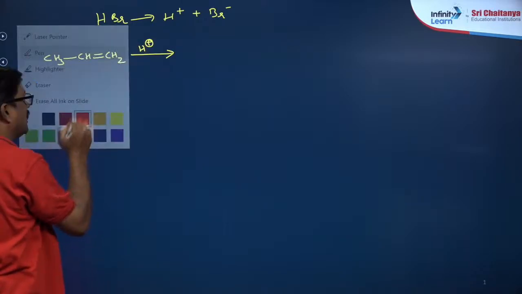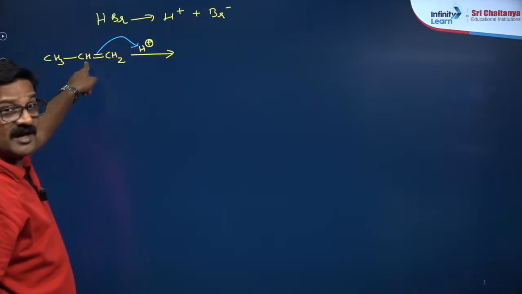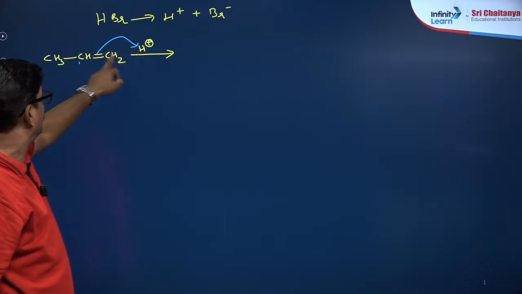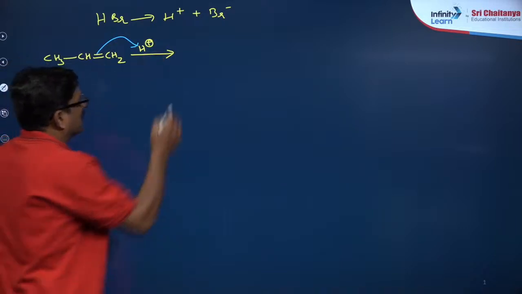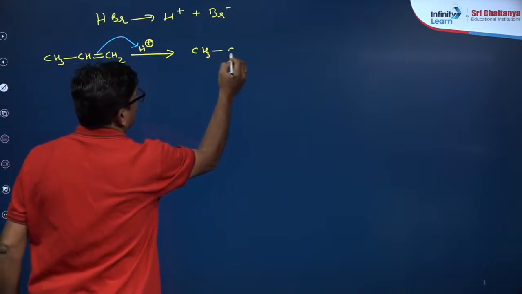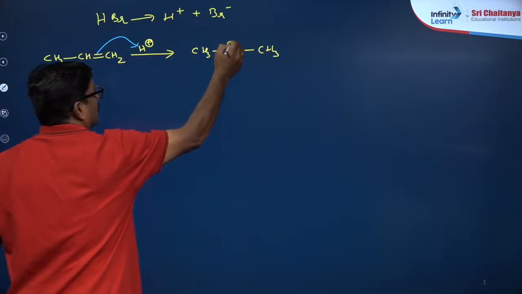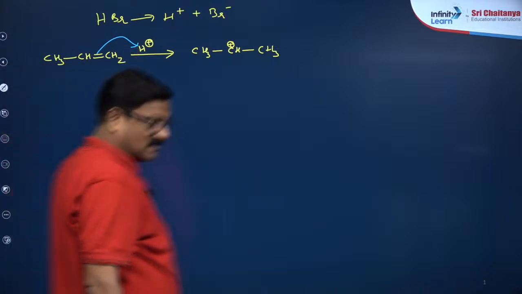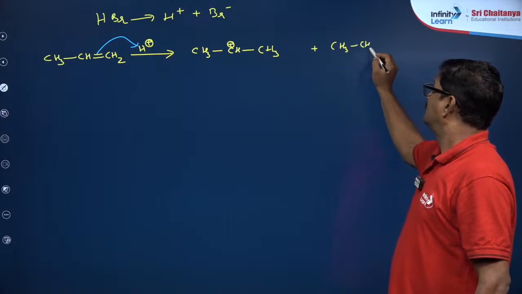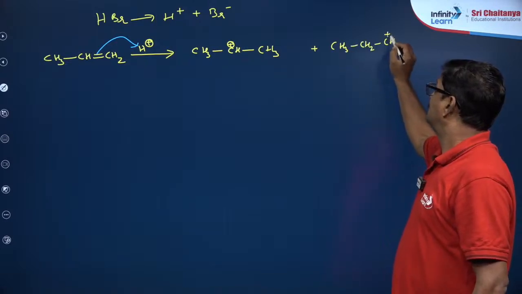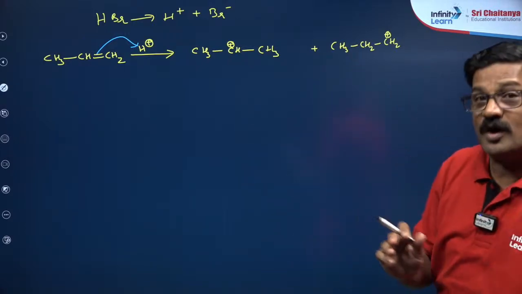If H attaches here, the carbocation forms here; if H attaches there, the carbocation forms at the other carbon. So two types of carbocations are generated: CH3 CH plus CH3, and CH3 CH2 CH2 plus.